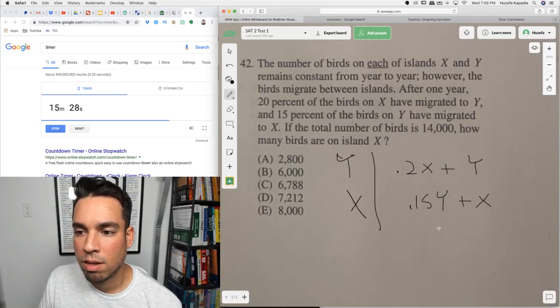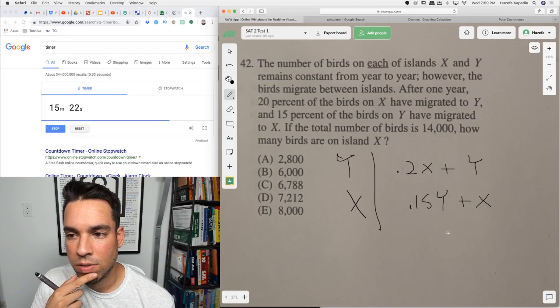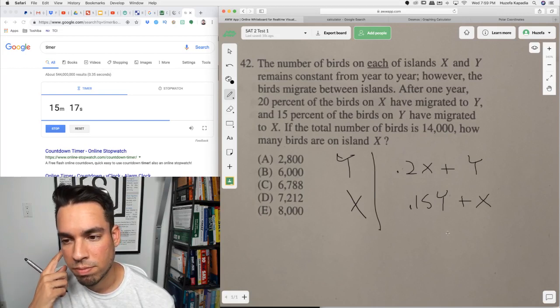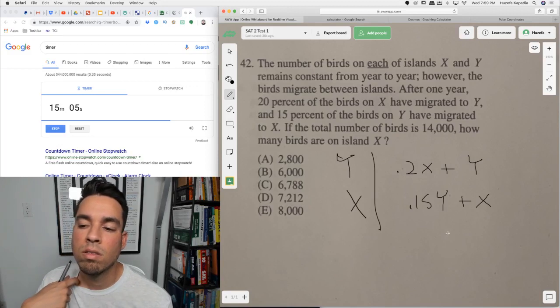The number of birds on each island remains constant, however the birds migrate. Oh, I get it.